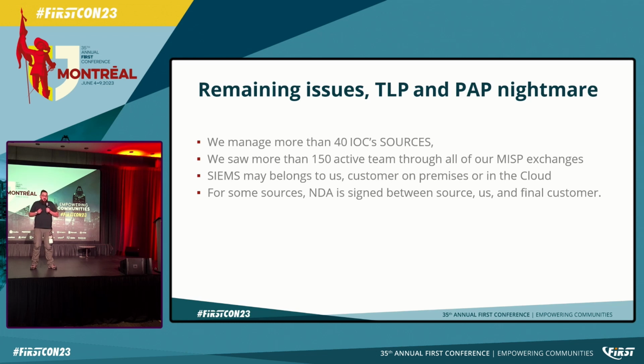Others we don't. And then you have PAP. PAP gives you information on how you have to use this IOC. If you got an IOC with PAP red, for example, you don't have to interact with it. And it's quite complicated in a SIEM, because once it is detected, you have your SOC operator, who will try to NS lookup, to look at it, to shut it down.